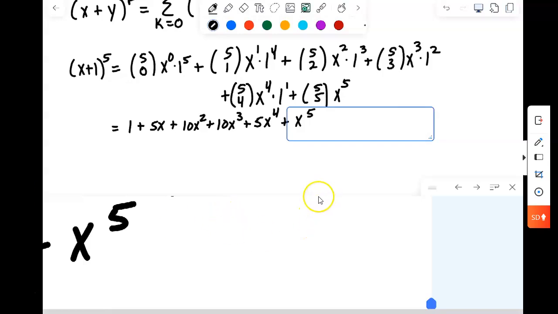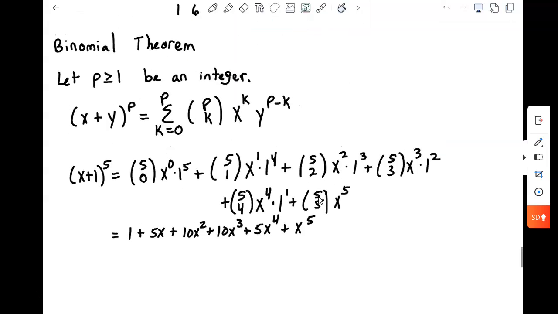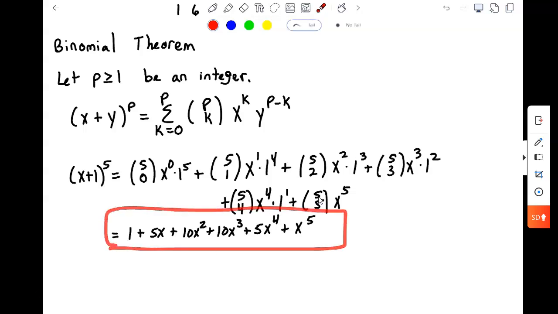And so we can use the binomial theorem as a way to very quickly expand binomials. One of the really cool ways to use this is to raise complex numbers to powers. The binomial theorem becomes a really nice way to do that. Okay, so that's the binomial theorem.